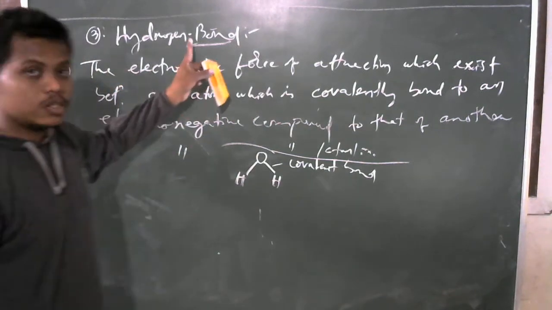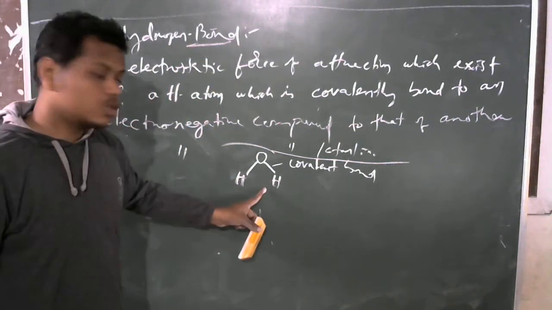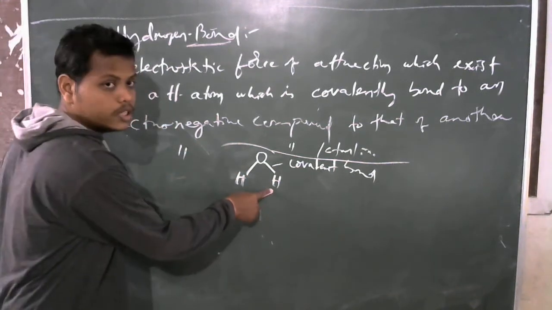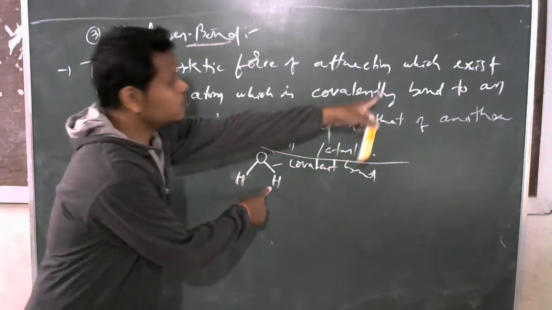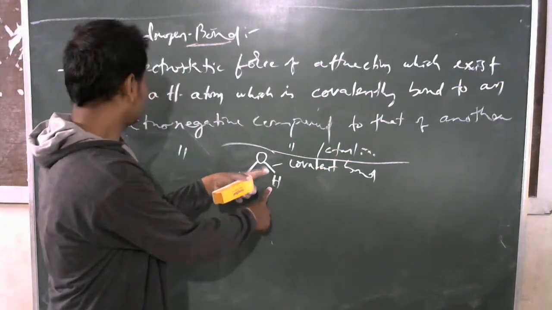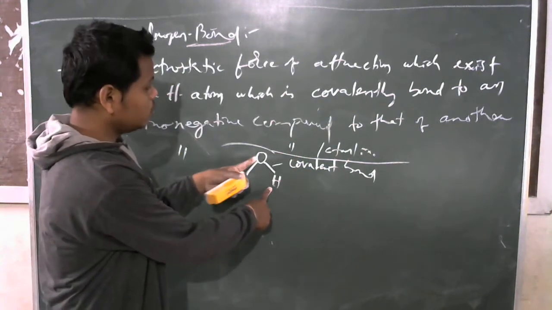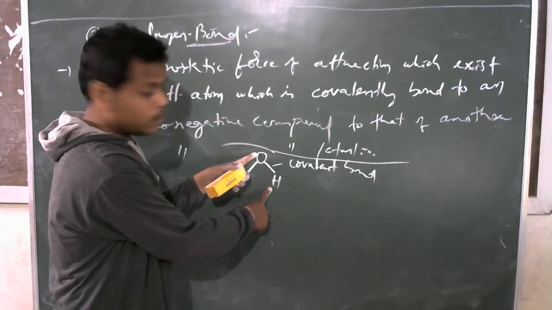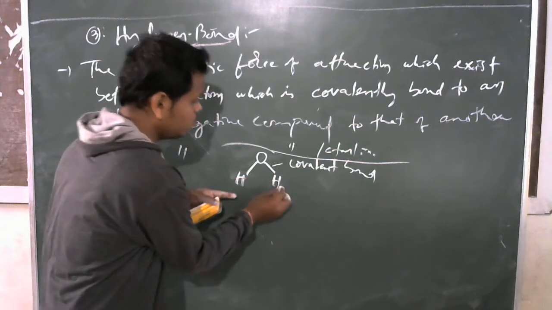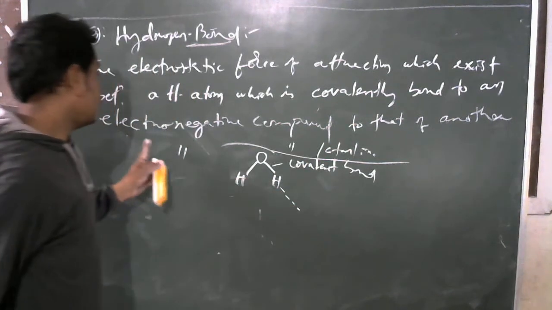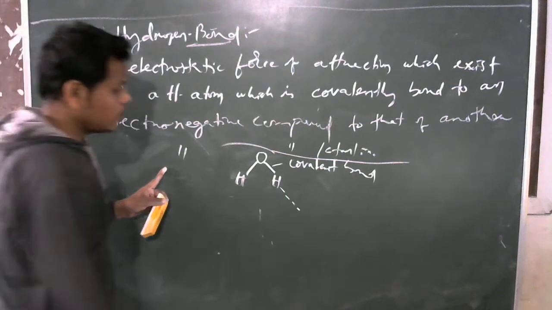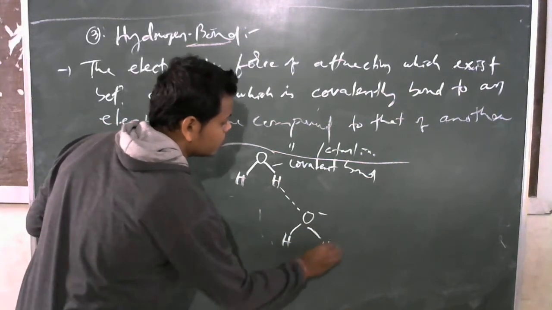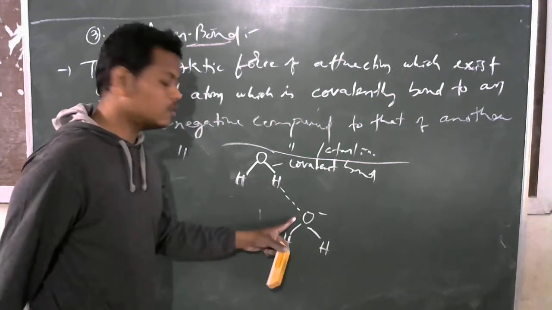So what does this hydrogen bond mean? It is an electrostatic force of attraction or a bond which exists between a hydrogen atom which is covalently bonded to an electronegative compound. Oxygen is an electronegative compound. To that of another electronegative compound, in another water molecule, the oxygen is another electronegative compound.